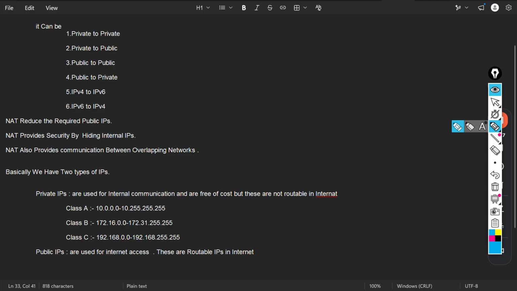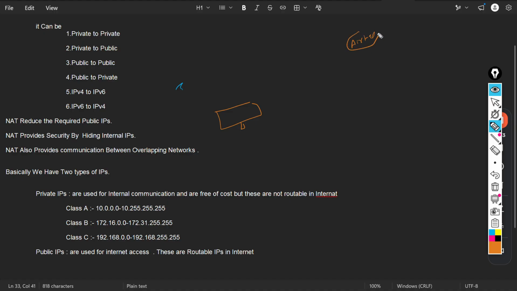For example, I have a laptop, and I have taken an internet connection from Airtel.